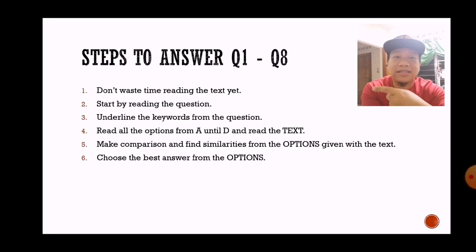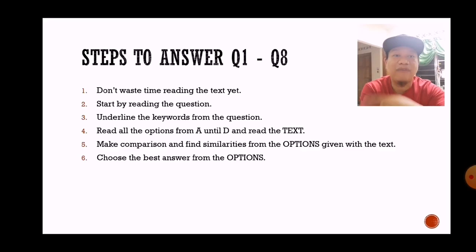Next is step number 4. Step number 4 is you need to read all the options from A until D. Only after you have read the options and tried to understand the meaning of every option, only then you read the text.